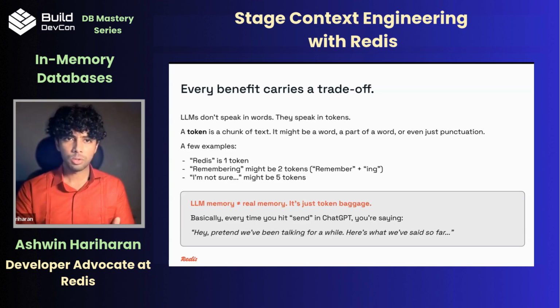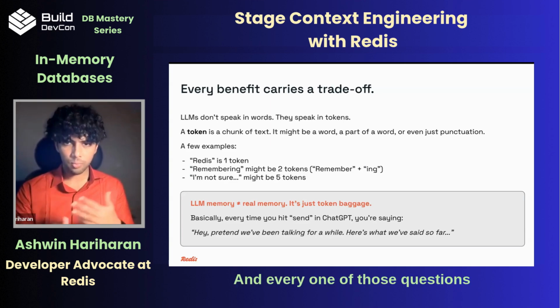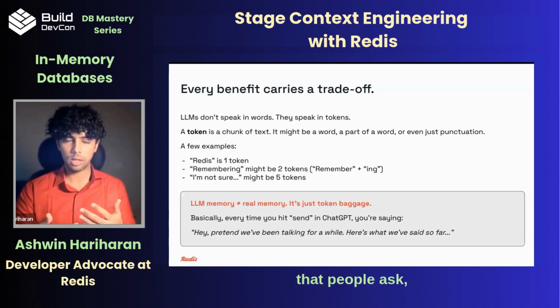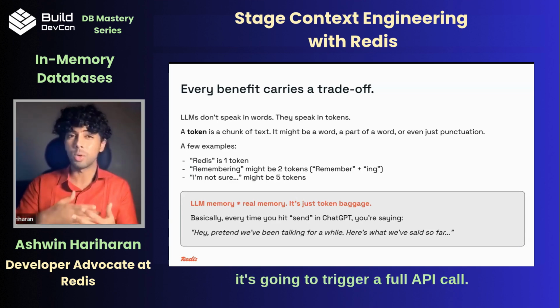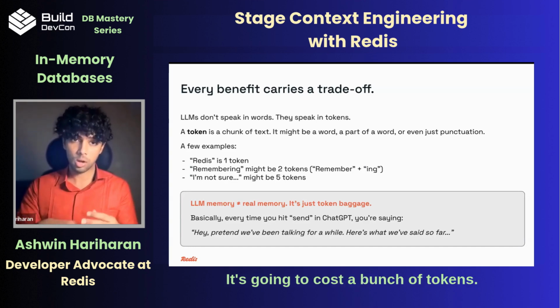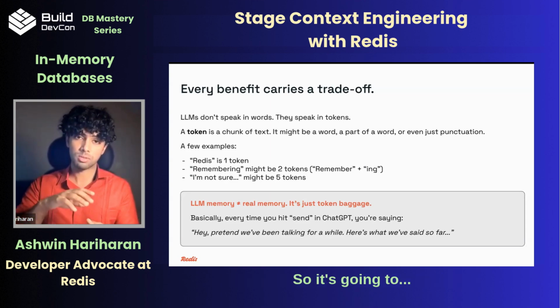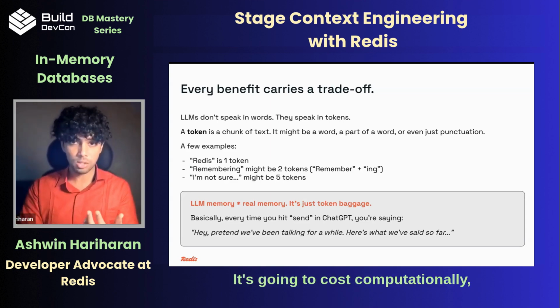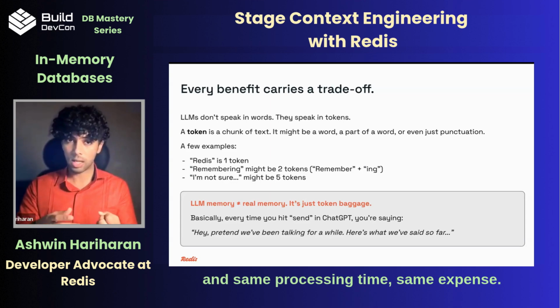And every one of those questions that people ask is going to trigger a full API call. It's going to cost a bunch of tokens. So it's going to cost computationally, with the same processing time and the same expense.